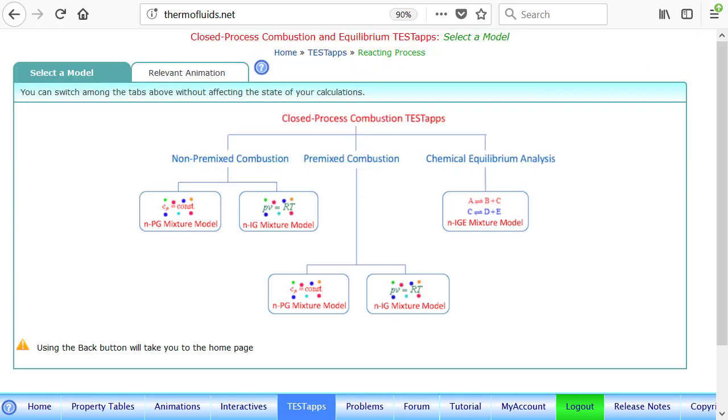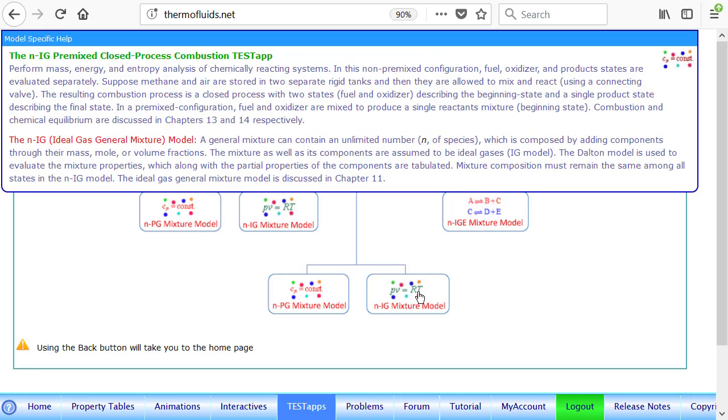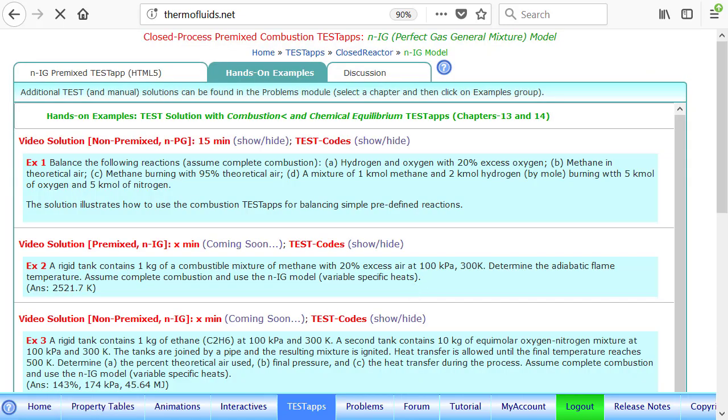It's possible that a closed process problem could be non-premixed. Suppose you have fuel and oxidizer in two different tanks, which are the subsystems of a closed system. In this particular case, we have a single tank, so we have a premixed mixture.